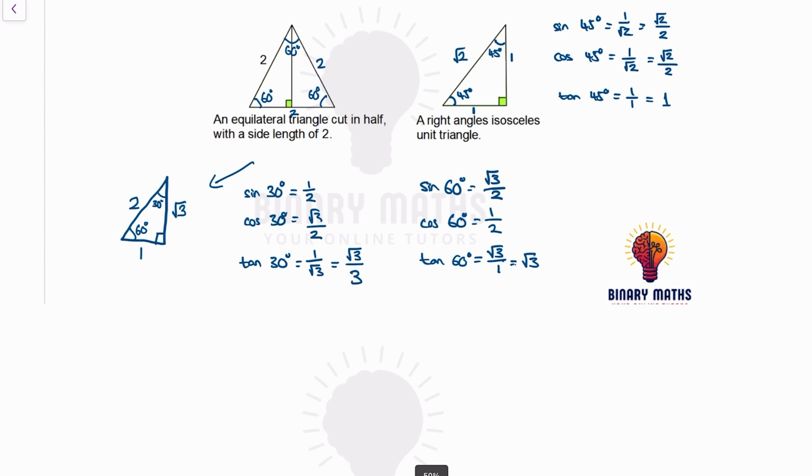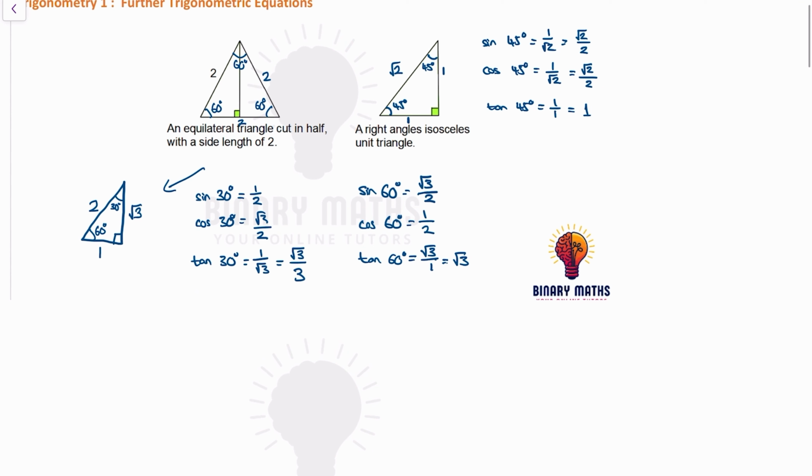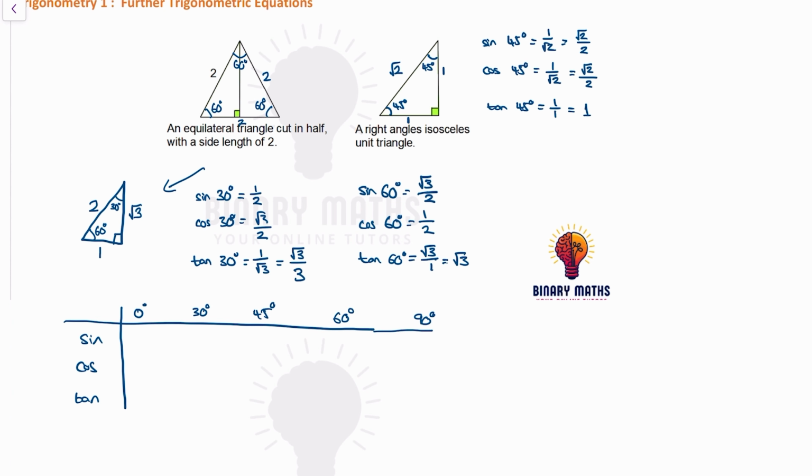If we were to put it into a table, okay, so if I draw a table, sine, cosine, tan. Let's start from 0 degrees, 30 degrees, 45 degrees, 60 degrees, and 90 degrees.